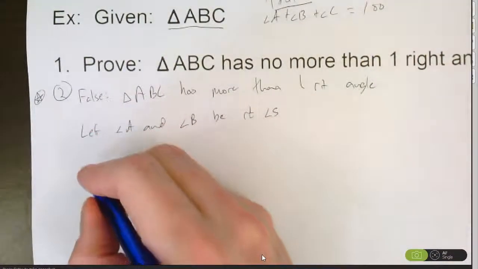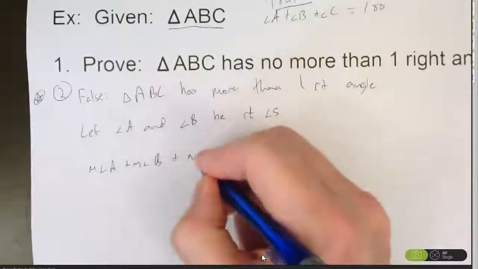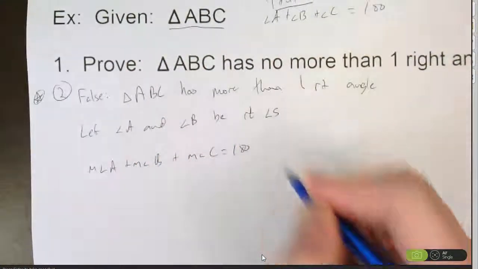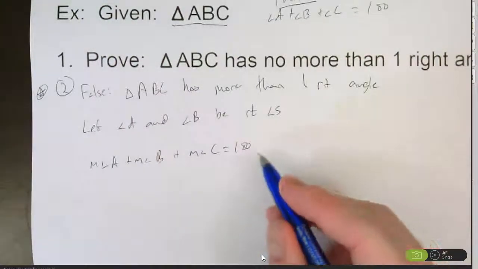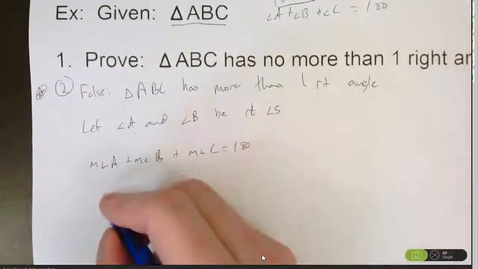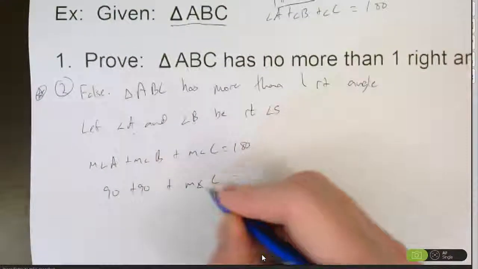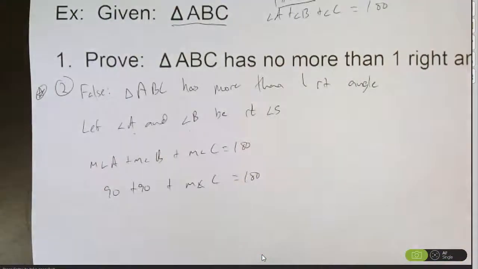Well, the problem that happens then is if I say, okay, add measure of angle A plus measure of angle B plus measure of angle C, we're going to add them together, they should equal 180. Well, here's our problem. If A and B are both right angles, that means 90 plus 90 plus measure of angle C equals 180.